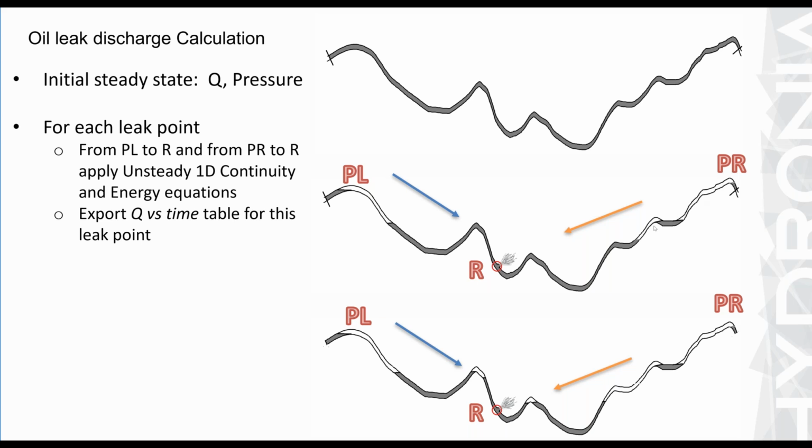So they will be drained down from both sides, because after the initial stage, the pipeline has an initial condition, but then the flow rate stops. The pipeline starts to depressurize and starts to drain the oil out of the pipeline from here.